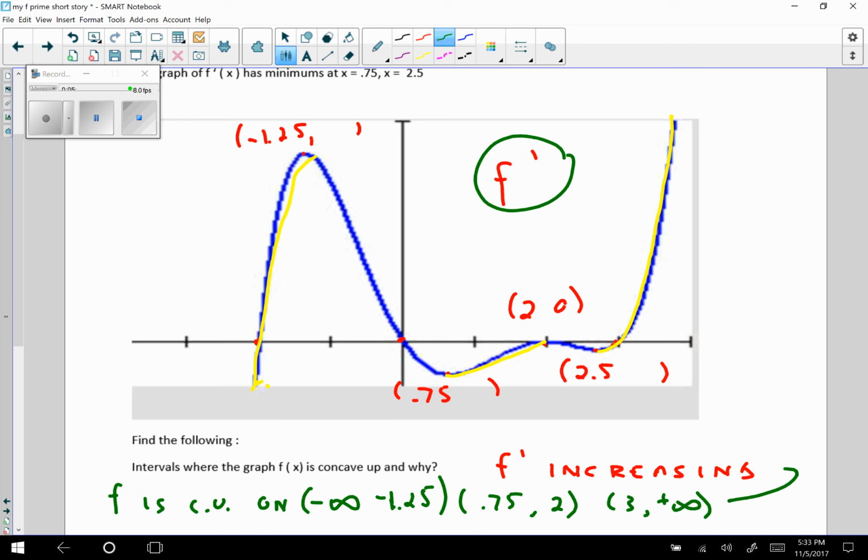Why? Because f prime is increasing. This is your why. You don't get all the points if you don't state why. And this is simply your reason, given the graph of f prime.